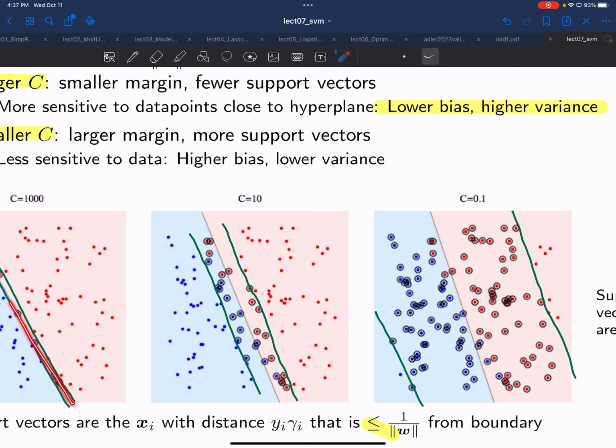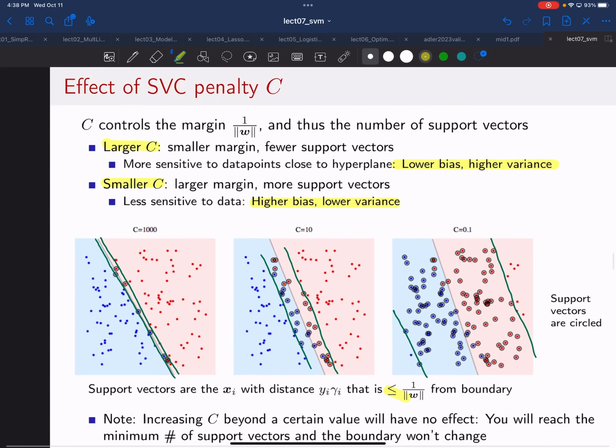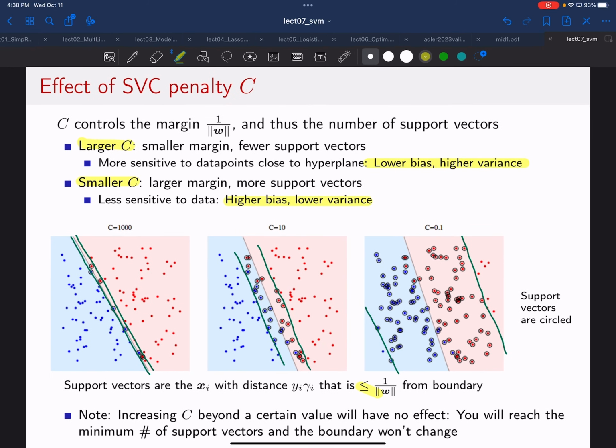This one will move much more. So the variance will be lower here. But as you can see, the average case performance is a lot worse. We're making a lot more errors here than here. So the bias here will be high bias, low variance. So the bias variance trade-off gives us a way of understanding the effect of this penalty weight in our support vector classifier.